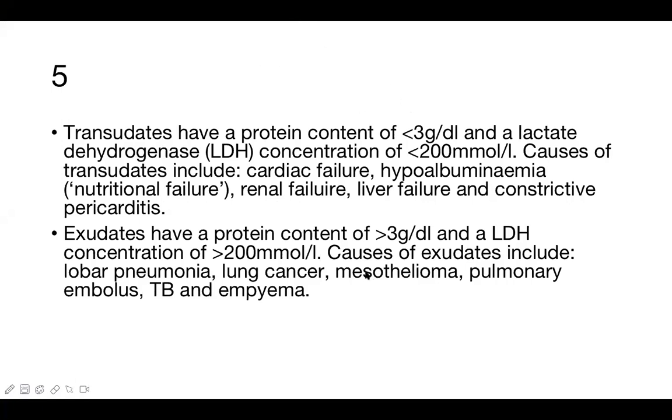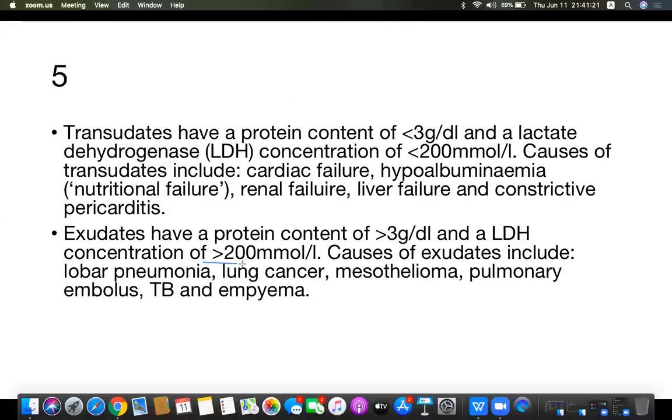Now, what about exudate? They have a protein content of more than 3 gram per deciliter and LDH concentration of more than 200. This is a very, very important point you should remember from this discussion. See this, more than 200, that is LDH, and protein more than 3.